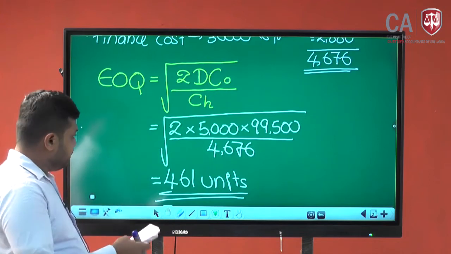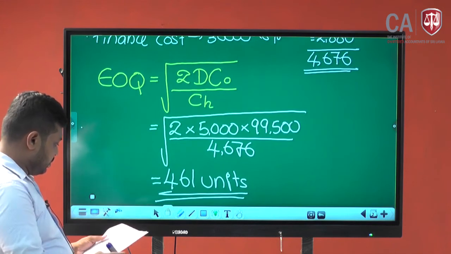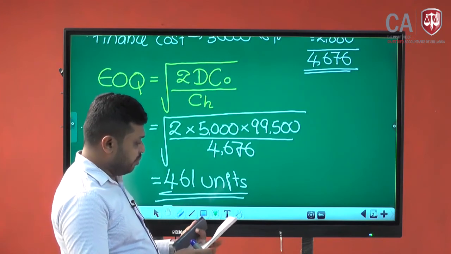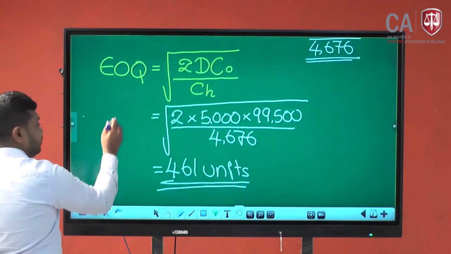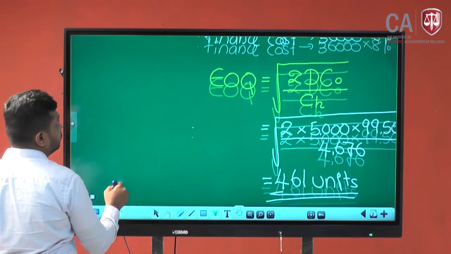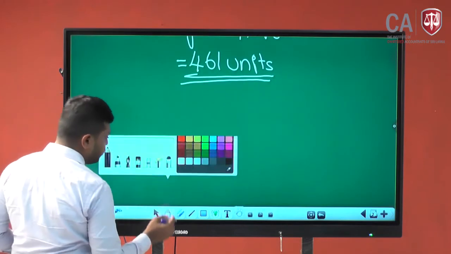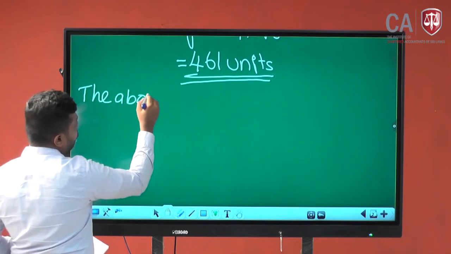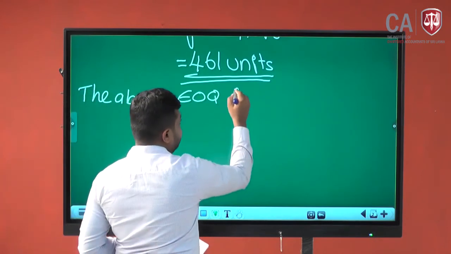Okay, then we will see. This one will not be valid. Then you have to calculate again based on the revised prices, right? I will say the above EOQ is not valid.